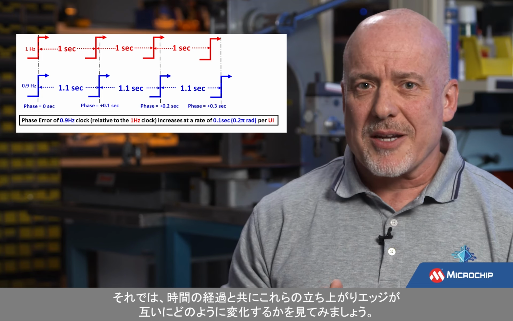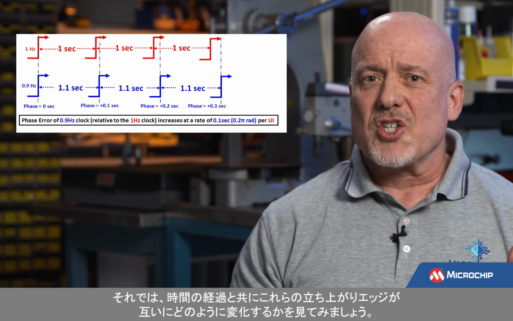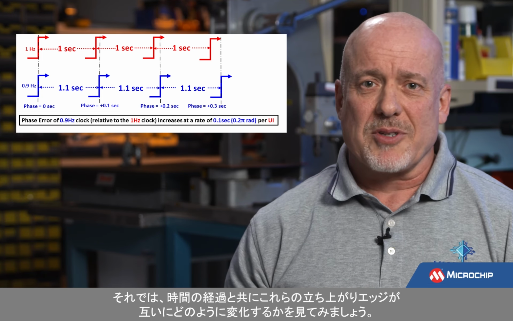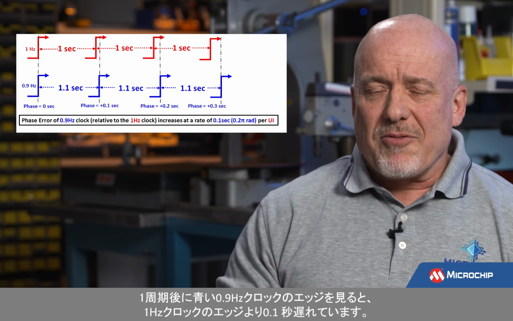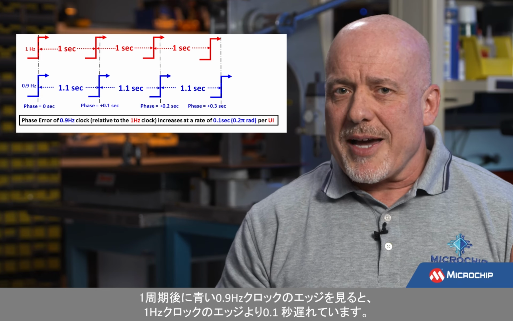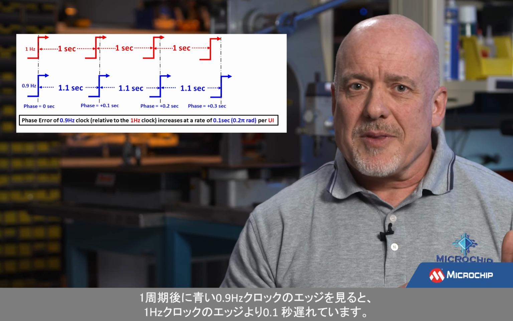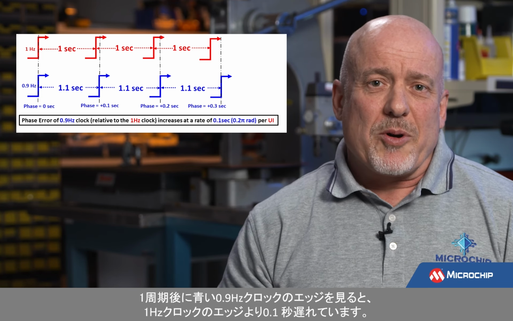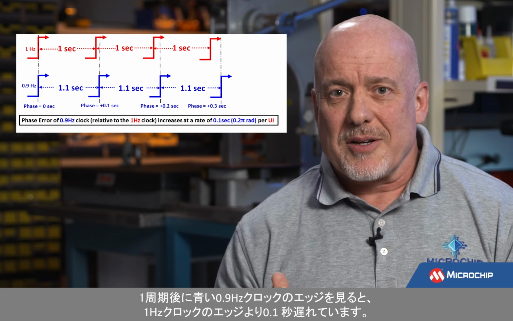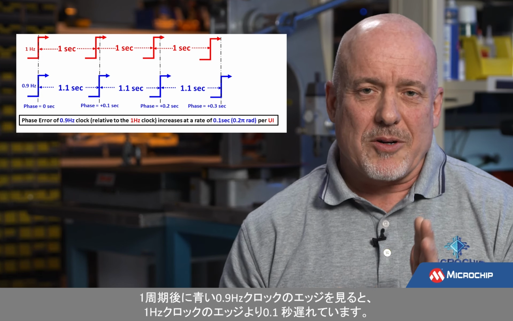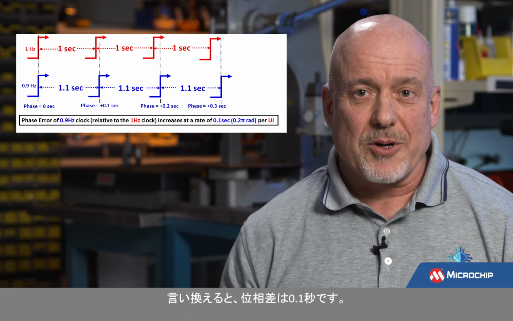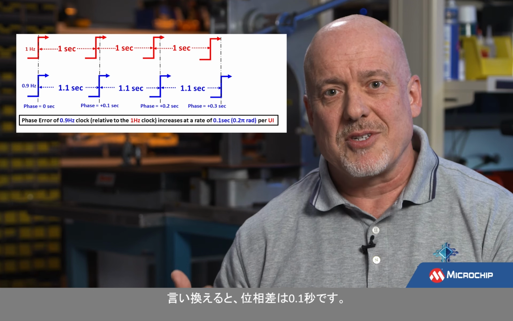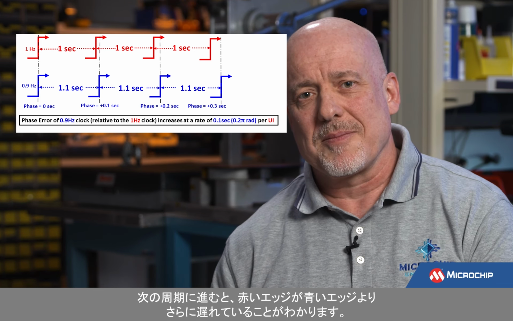Now, let's look at how those rising edges change relative to each other over time. If we look at that blue 0.9 hertz clock edge, after one period, it is 0.1 seconds later than the 1 hertz clock edge. In other words, it has a phase of 0.1 seconds.